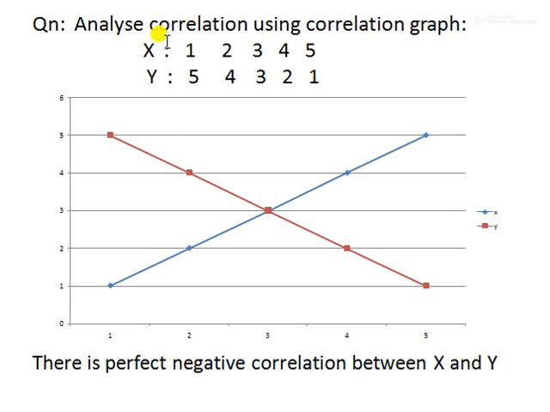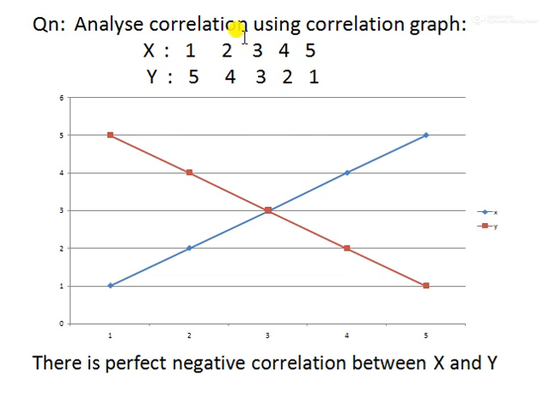Then another question, analyze correlation using the correlation graph. x: 1, 2, 3, 4, 5. y: 5, 4, 3, 2, 1. When we plot the values of x and y on the graph paper, we get two curves. This is the curve of x, this is the curve of y.